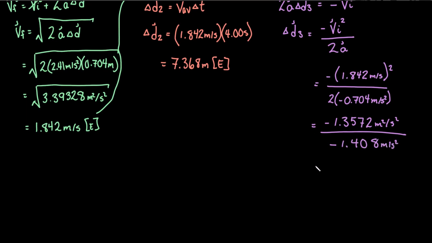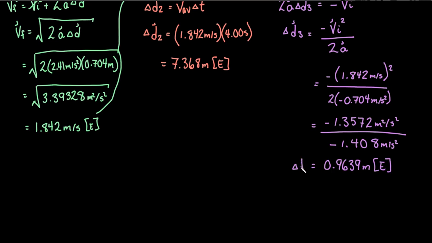Okay, your negatives are going to cancel. And we get a displacement of 0.9639 meters, again in that east direction.